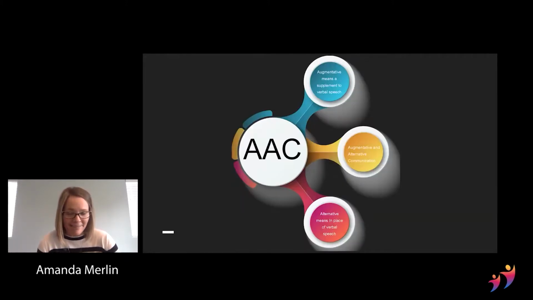So what is AAC? AAC stands for Augmentative and Alternative Communication. Augmentative means we're supplementing our verbal speech.